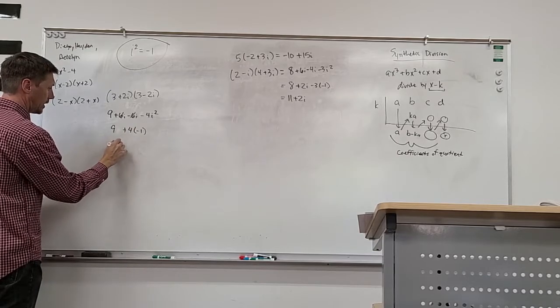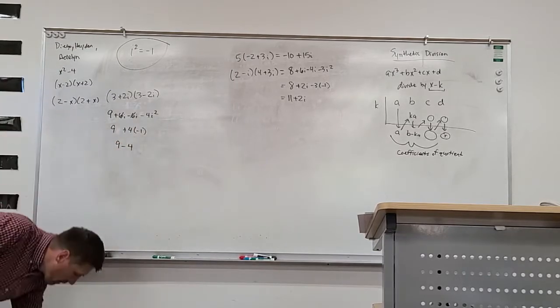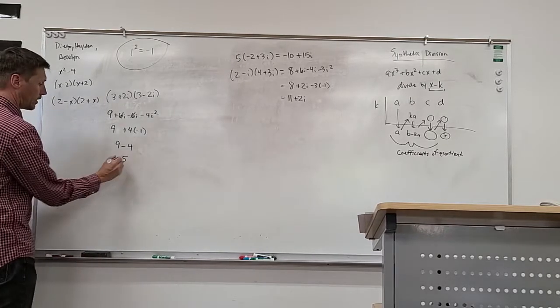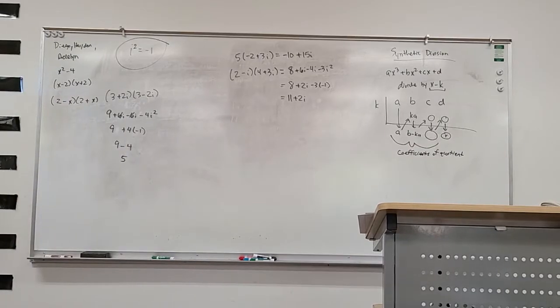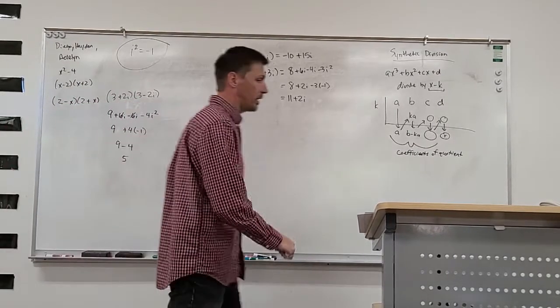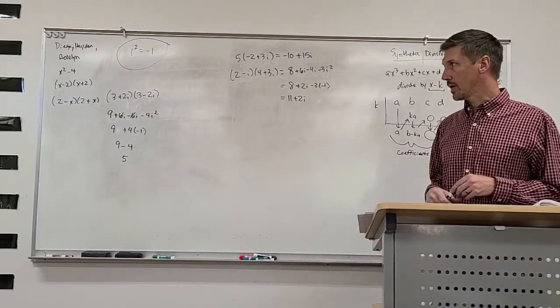All right, so we get 9 minus 4, the difference of 2 squares, but in this case, because they're both real numbers, we can combine those together and get 5. So the difference of 2 squares works a little differently because the i term goes away, and so you're able to combine all of your real numbers.